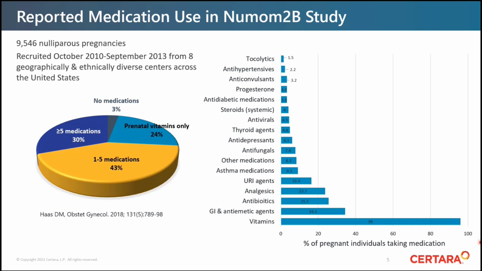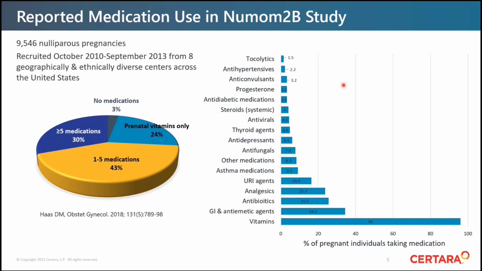And in this study, most of the medication use was self-reported, although we also collected data from chart reviews. But you can see that the majority of women in the study took some sort of medication. About 70% took at least one medicine besides a prenatal vitamin, and 30% took more than 5 medications.